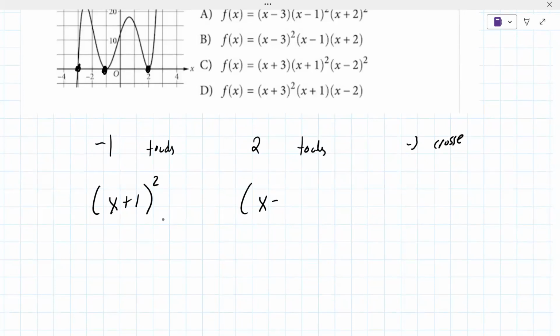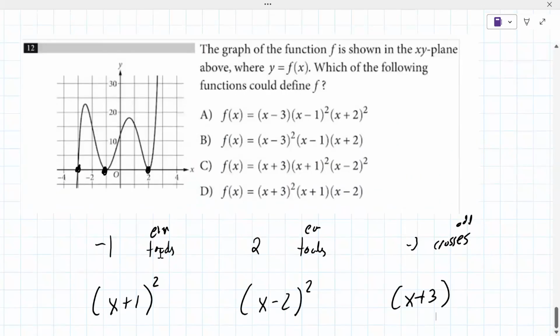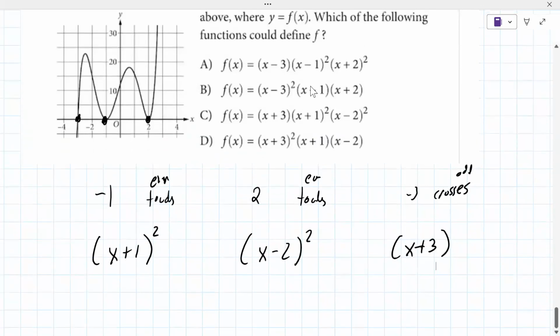This is x minus 2 to the power of 2. When it touches, it's an even exponent. When it crosses, it's an odd exponent, x plus 3, like that. Okay. So now that helps to figure out which one it is, which is the correct answer.